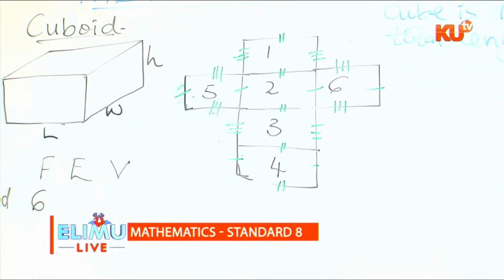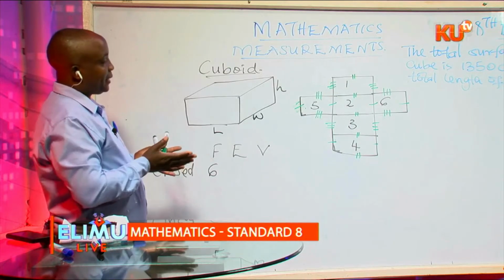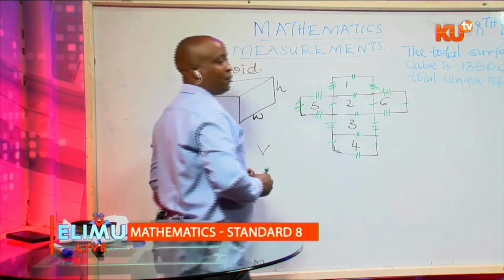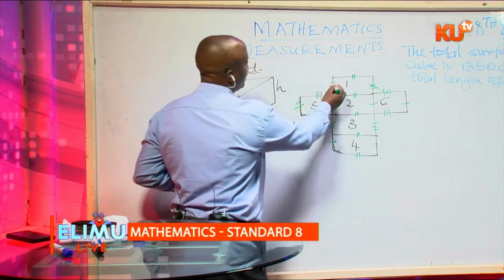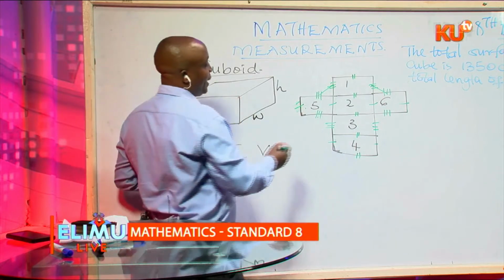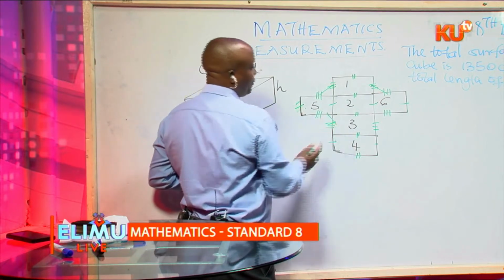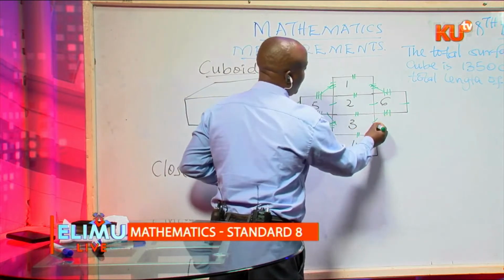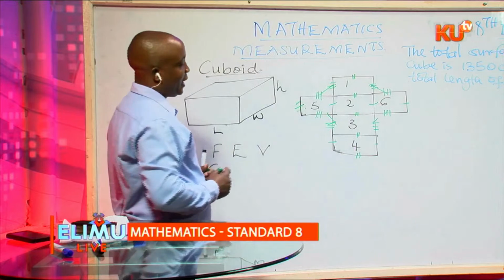So we have that. Those ones will be equal. Then when we make it a cuboid, we are going to find that these 2 edges will meet to become 1. These 2 will meet to become 1. So we are going to fold it, and we are going to have 1. Then this one and this one will meet to become 1 edge. This one and this one will meet to become 1 edge.